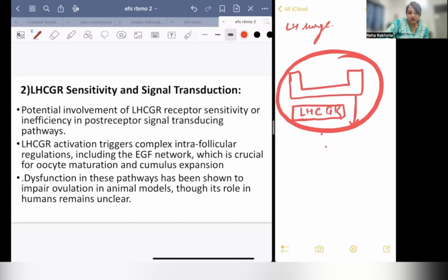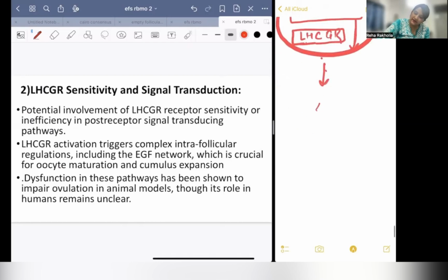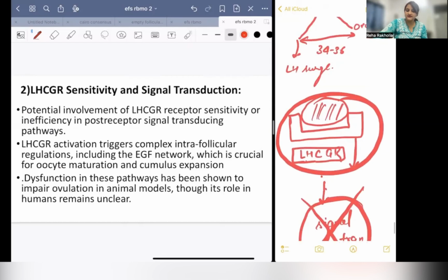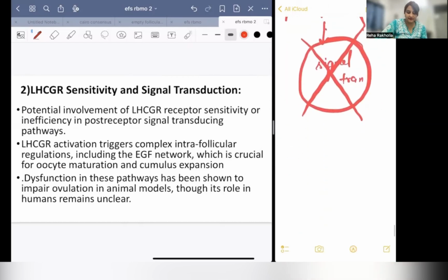After LH or HCG attaches to this receptor, the signals are transferred. If there is insufficient transfer of the signal, or receptor sensitivity is hampered, meaning there is less receptor sensitivity, then there will be a problem.